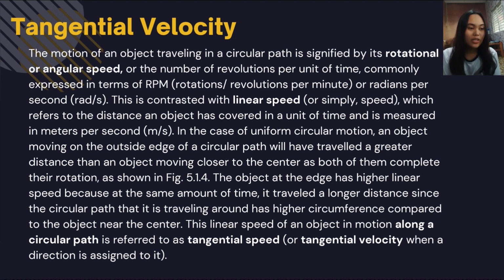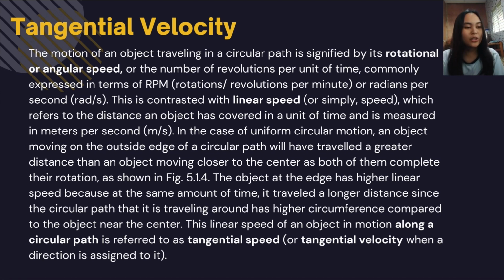This is contrasted with the linear speed, which refers to the distance an object has covered in a unit of time and is measured in meters per second, or m/s.